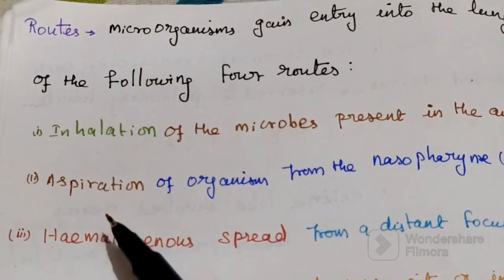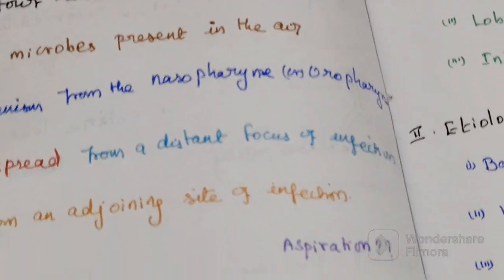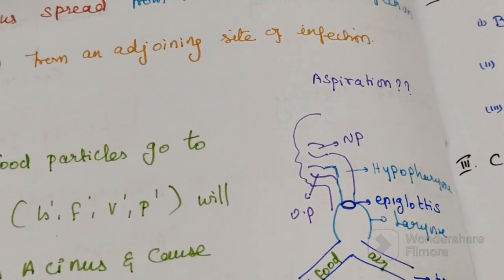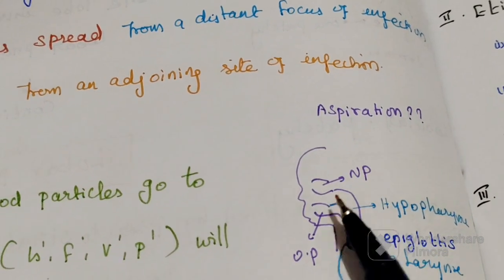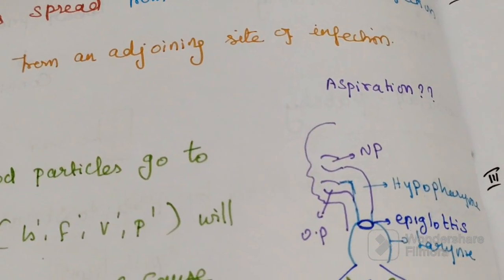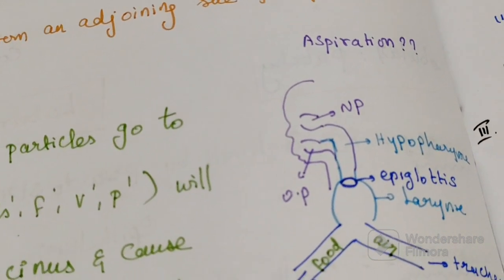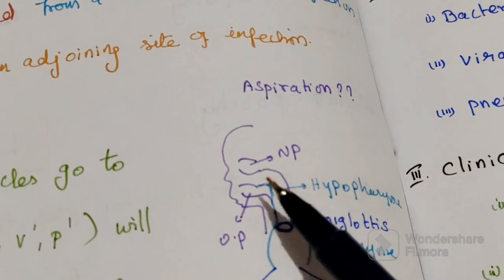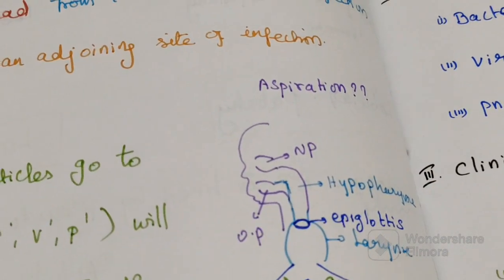Then what is aspiration? Through food particles. Say for example, this one is the nose, the nasopharynx part here. Then our mouth has the oropharynx, then together here the hypopharynx.